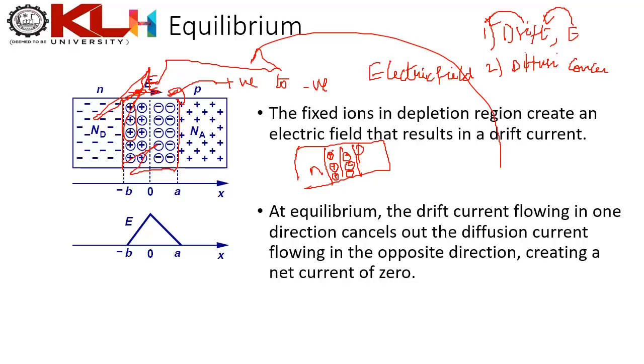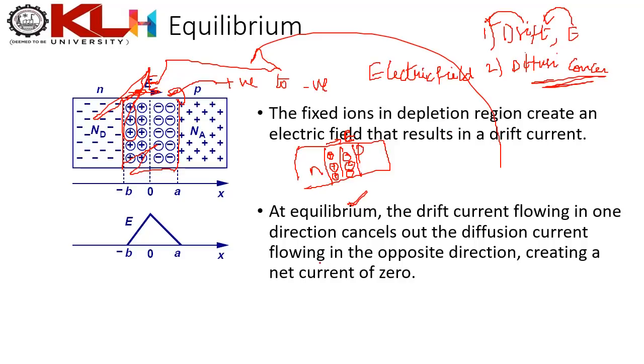Because these are positive and negative charges, this results in an electric field from positive to negative direction. So at this equilibrium condition, the current that results due to this electric field actually opposes the current that is due to the diffusion.